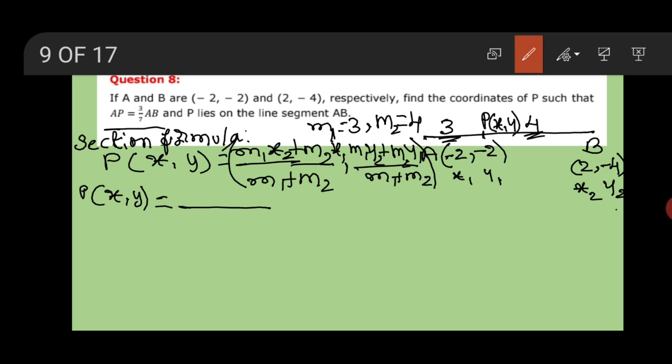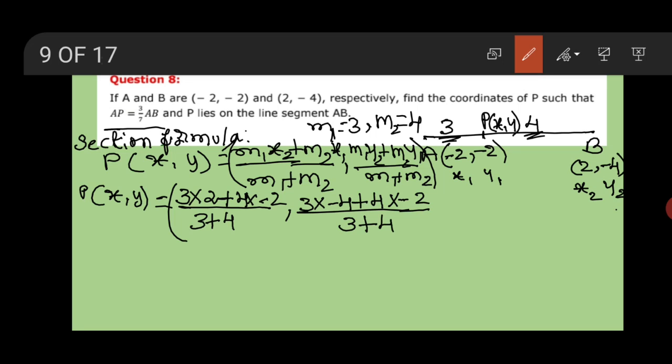Substitute the values. m1, 3, into x2, which is 2, plus m2, which is 4, into x1, which is minus 2, divided by m1, 3, plus m2, 4. Then the y coordinate: m1, 3, into y2, minus 4, plus m2, 4, into y1, which is minus 2, divided by 3 plus 4, m1 plus m2.